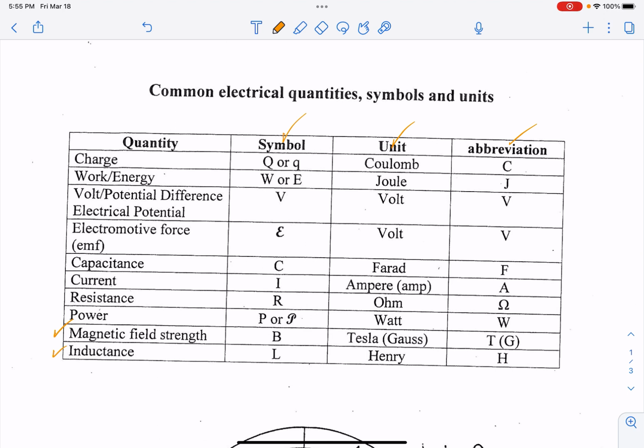One of the things that is sometimes a challenge for students is to differentiate between all the words that begin with the letter C. You have charge, capacitance, and current, and we let the capital letter C be the symbol for capacitance, but the unit of charge begins with a word that begins with the capital letter C, the coulomb, and the abbreviation for a coulomb is a capital letter C. That's maybe the tough one that you need to keep straight.